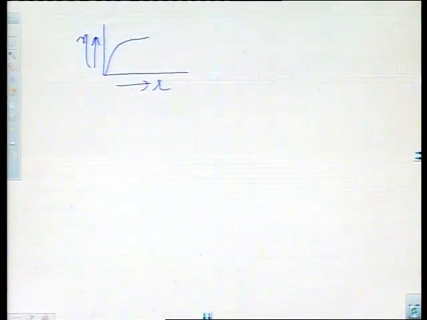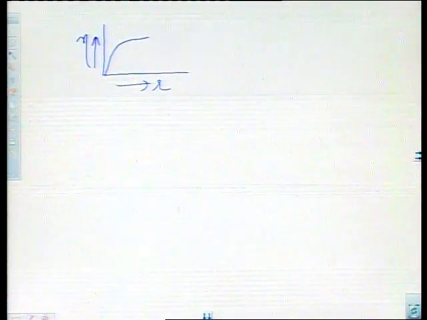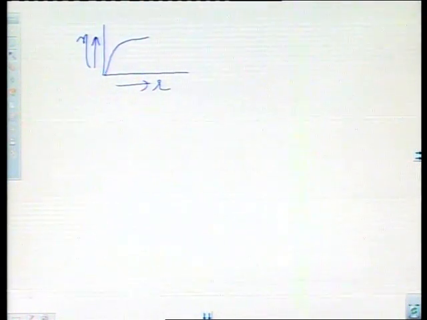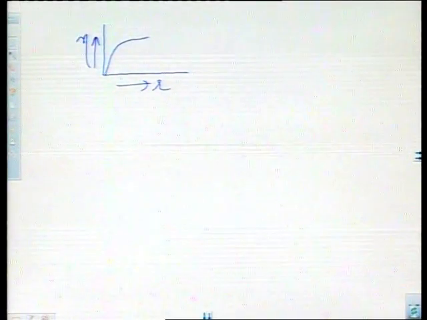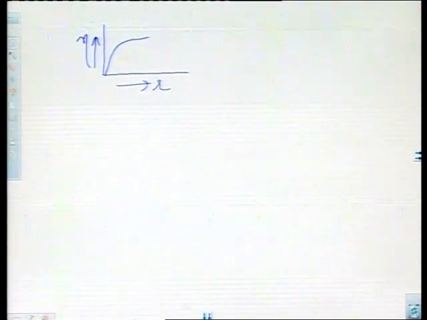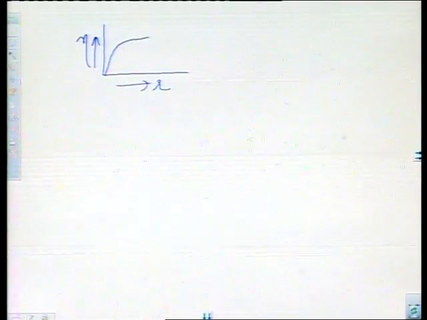So, that means as the compression ratio increases, the second factor decreases and the efficiency increases. This is the relation between the efficiency and compression ratio on the graph. Now, this is your Otto cycle.